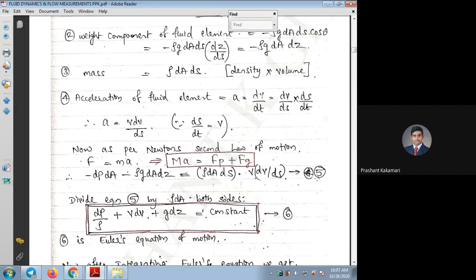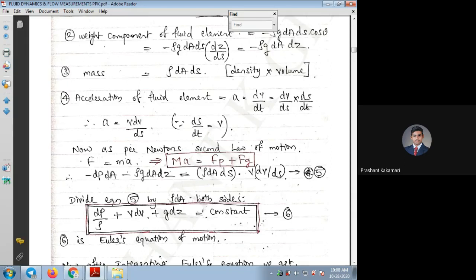After changing the signs, we are left with dp by rho plus v dv plus g dz. If you take all these negative terms to the right-hand side, I can write them with positive sign. So v dv plus dP by rho plus g dz equals constant. Is this step clear, fifth to sixth equation?